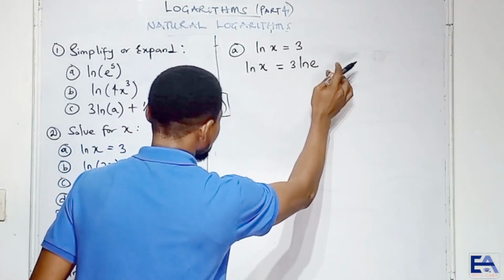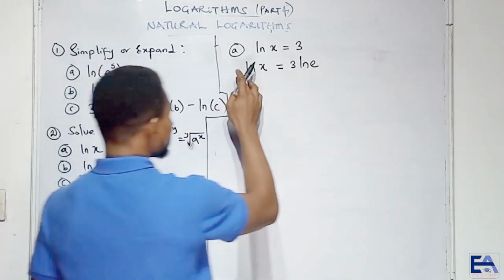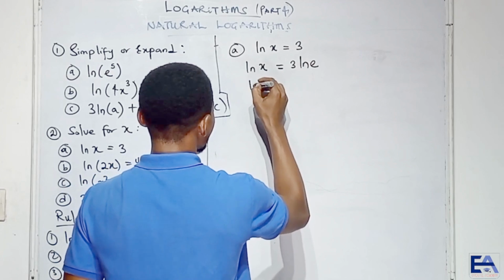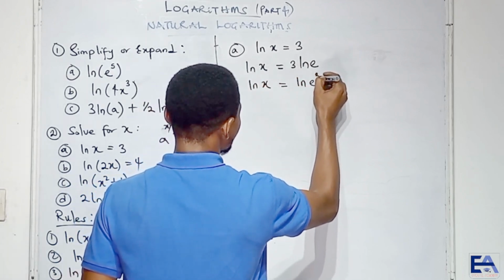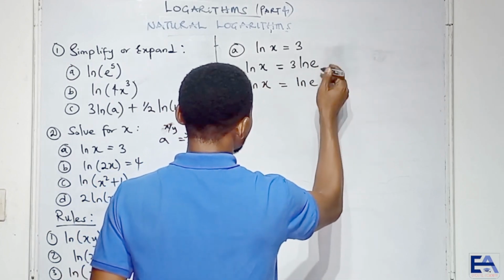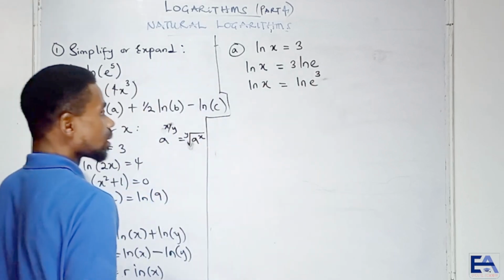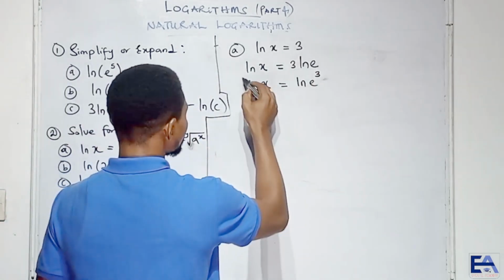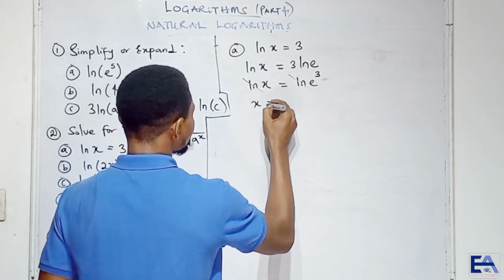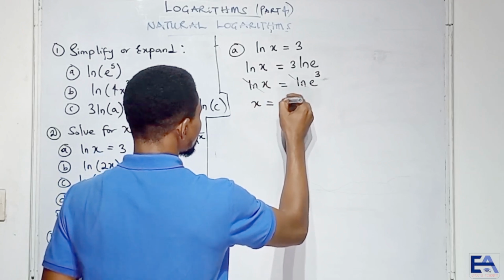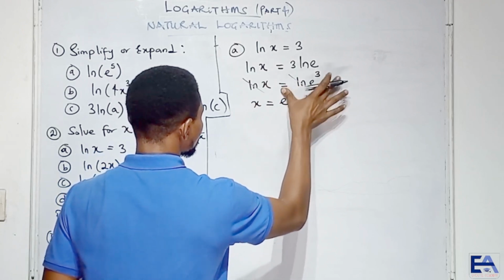In this case, you have ln x is equal to ln e raised to power 3. At the end of the day, you can remove the ln on both sides, and then you have x is equal to e raised to power 3.